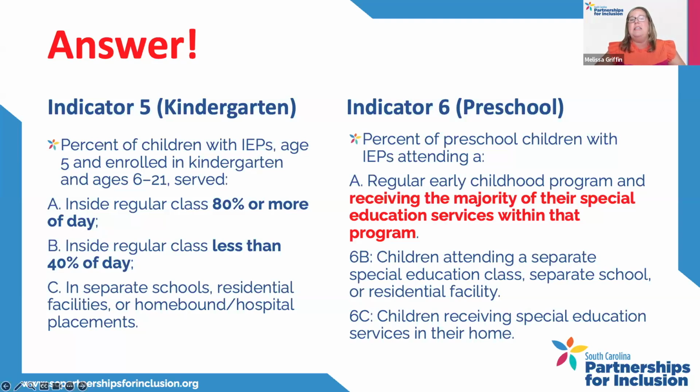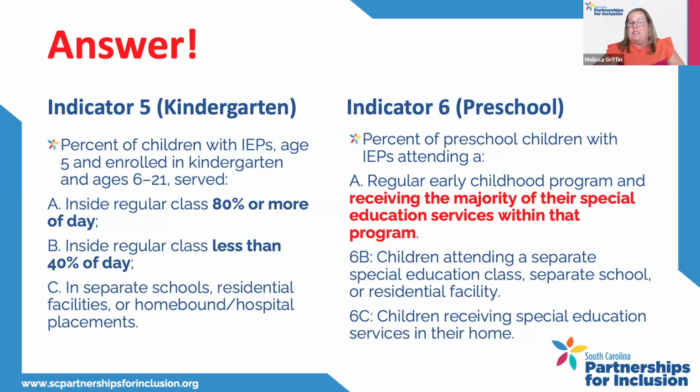And that one does count that because it is just about if they spend 80% or more of their day inside regular class. So that's why that is accountable in kindergarten. But if you take a look next door here, indicator 6 for preschool, you'll see that it's only counted if they receive the majority of their special education services within the regular early childhood program.